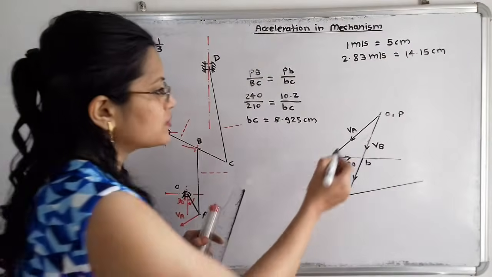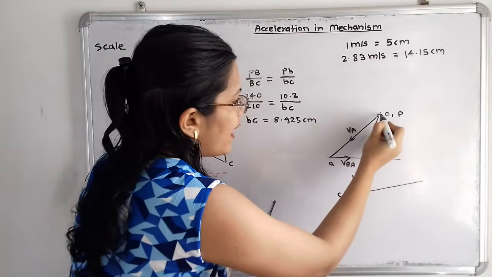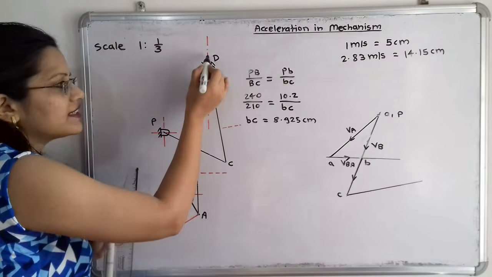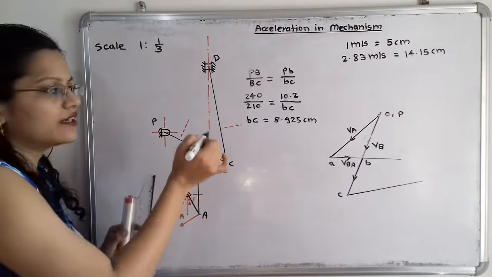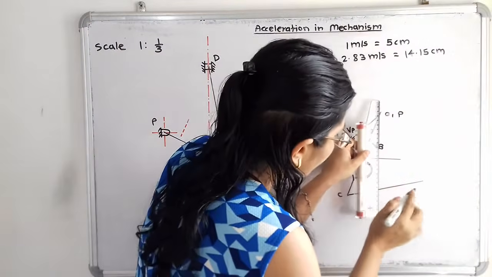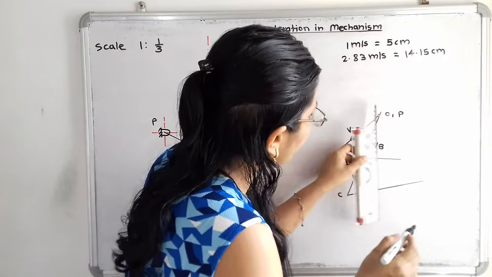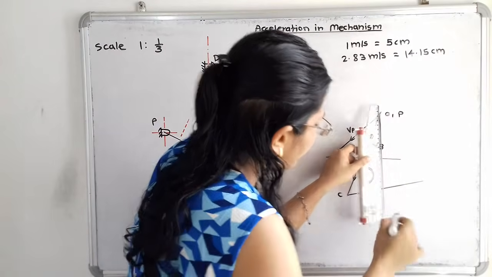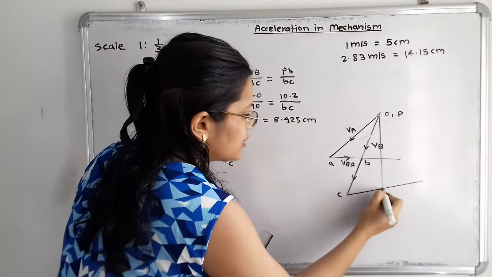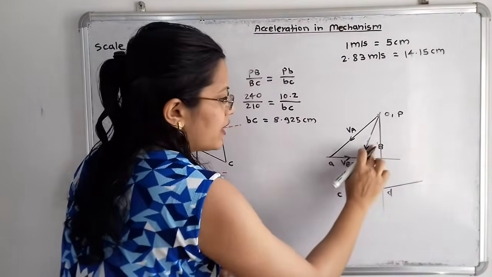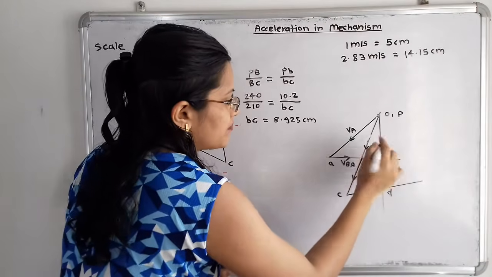Here the fixed point is the point O. So I have to draw one vertical line because the motion of slider D is along the vertical line. So I will draw one vertical line passing through the fixed point O. This is the point of intersection, and this point of intersection is nothing but the point D.